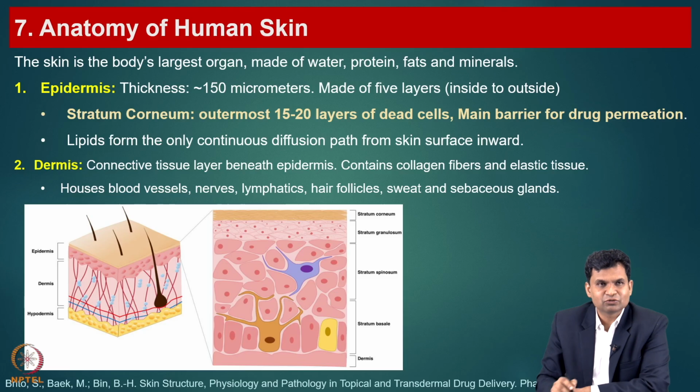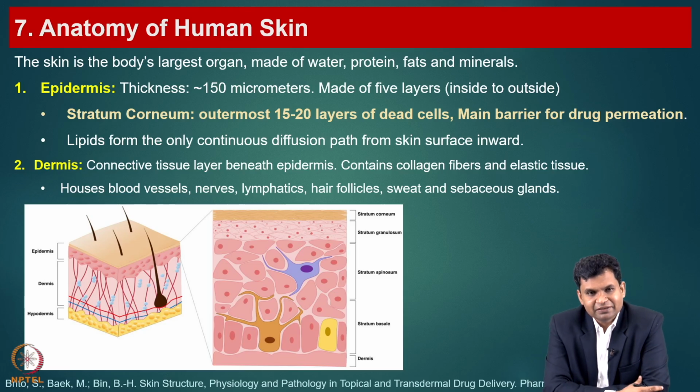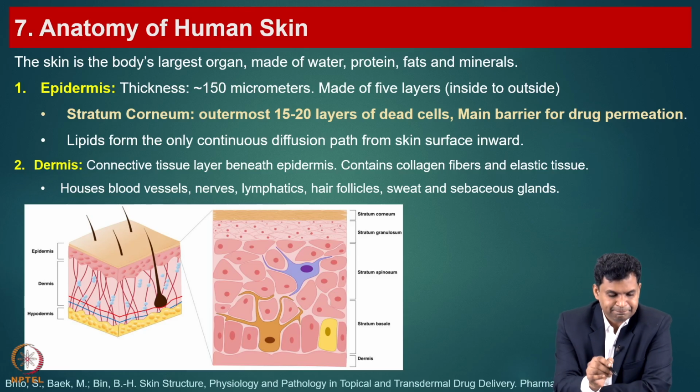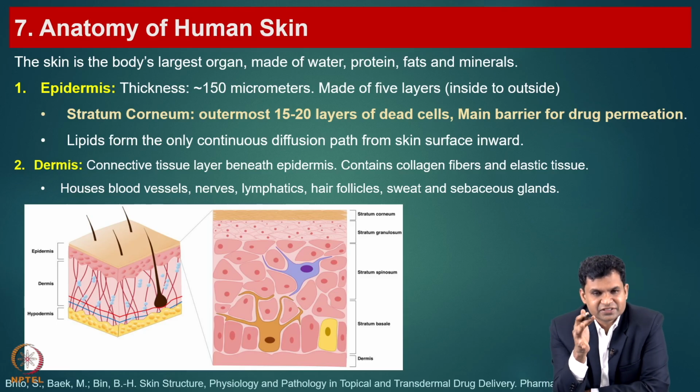So, here we will try to understand the anatomy, because while developing any type of formulation, we need to understand the anatomy of the organs. Here we are discussing the anatomy of the human skin, because it has limitations during treatment with transdermal patches.